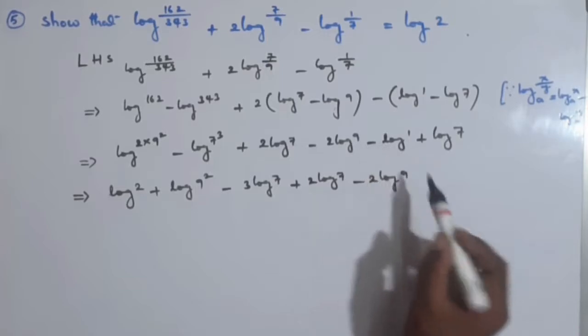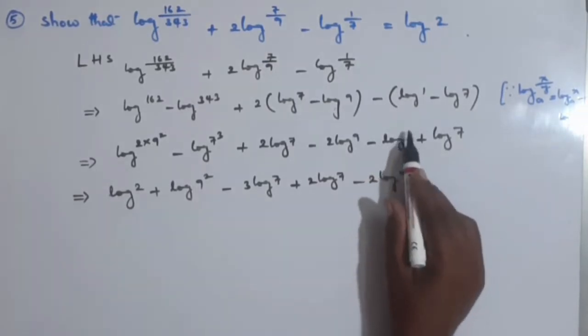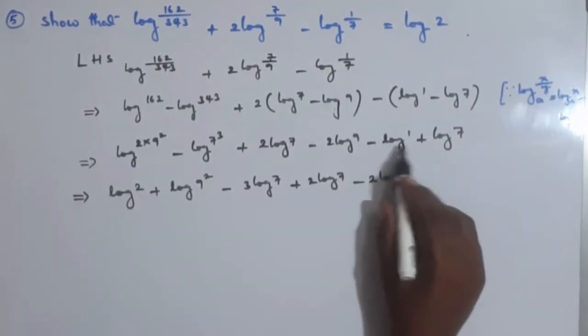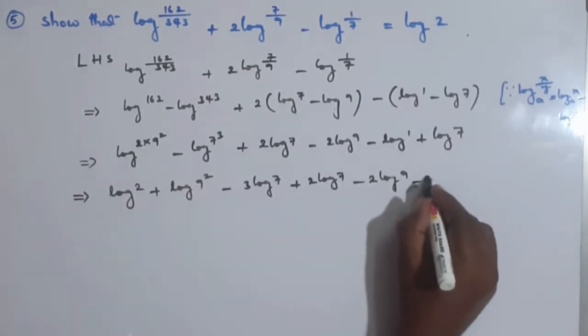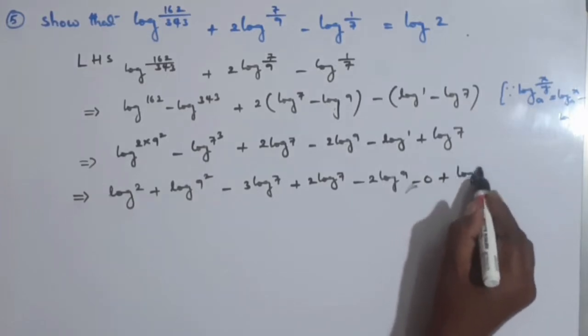What is the value of log 1? Log base a to 1 is always 0, so minus 0 plus log 7.